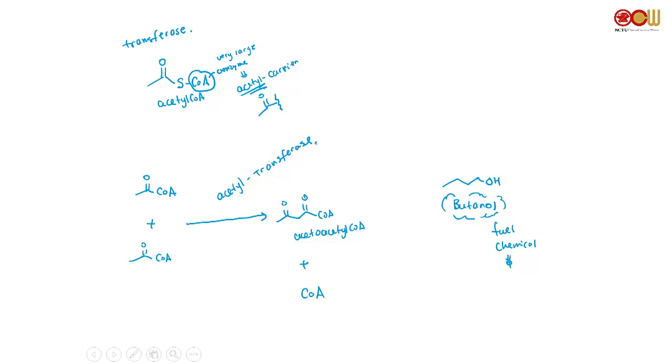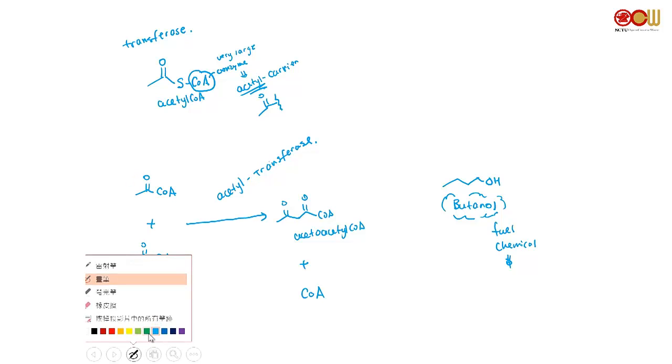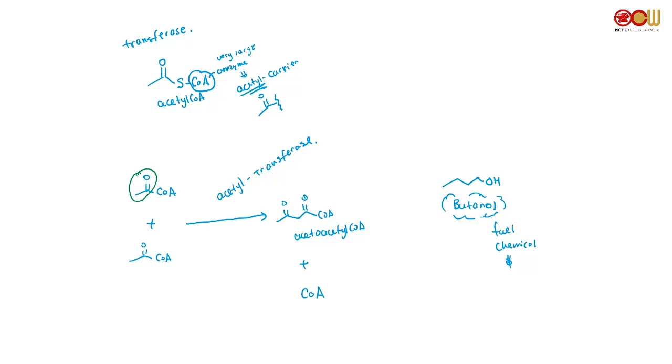Okay? Why? Because what I did essentially is I transferred this acetyl group to this carbon, right? So I transferred it so that I ended up, the new thing is right here.